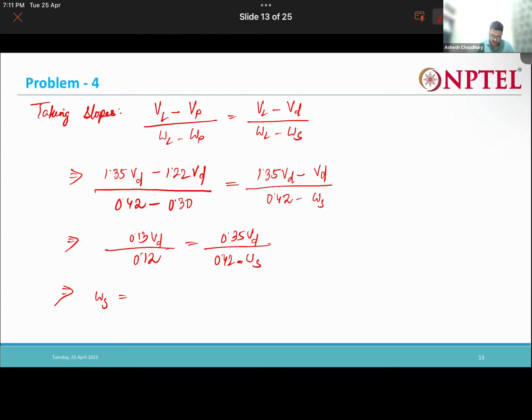So VD cancels, and then we have how much? 0.09, so this is 0.42 minus 0.323, which gives us the answer, nothing but 9.7%.